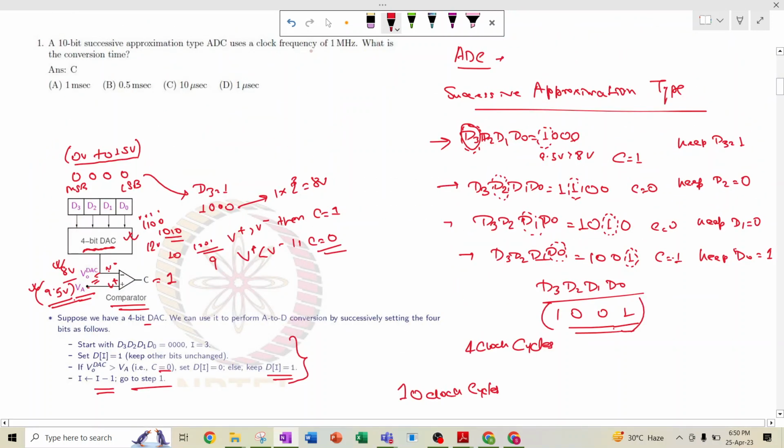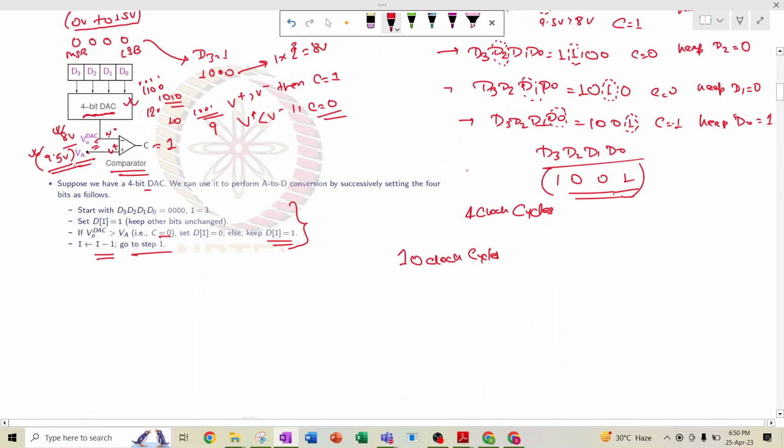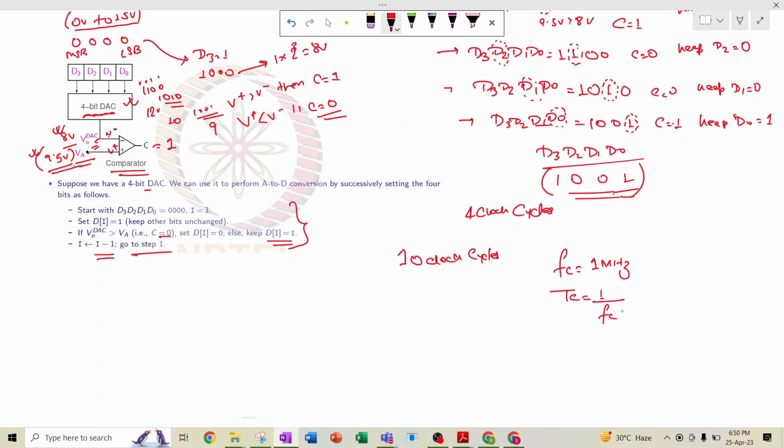The clock frequency FC is 1 megahertz. So what is the time period of the clock? The time period is 1 by FC, that is 1 divided by 1 megahertz, which is nothing but 1 microsecond.